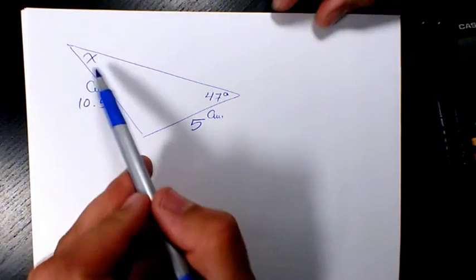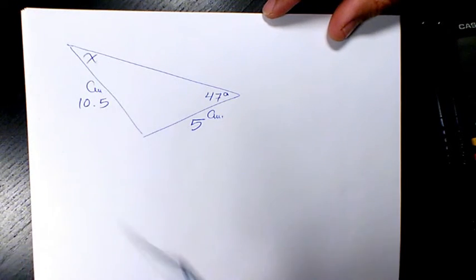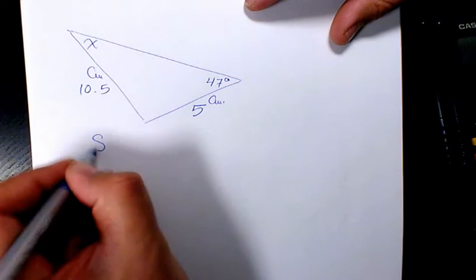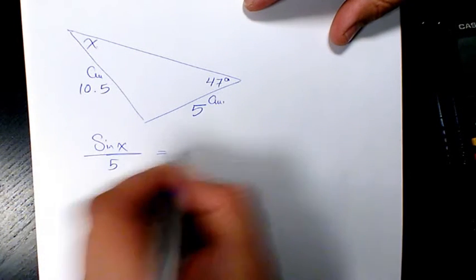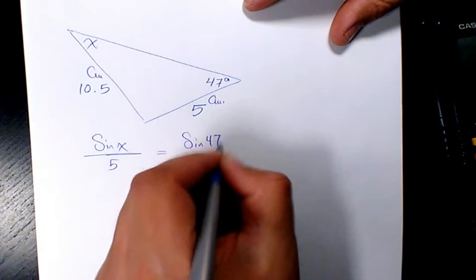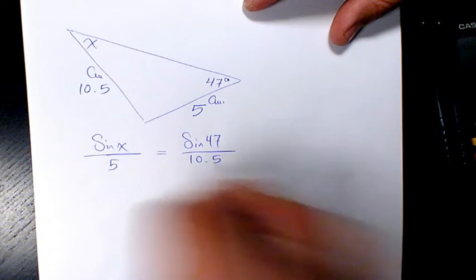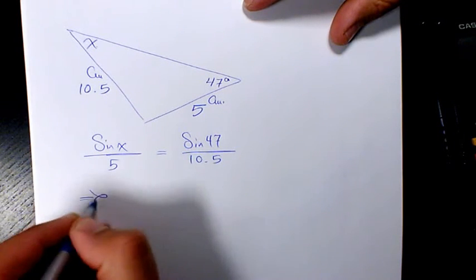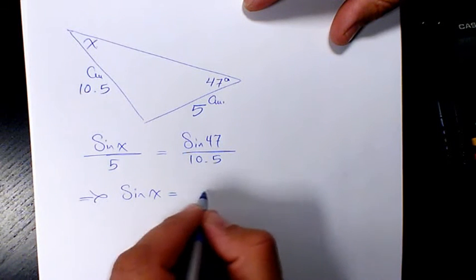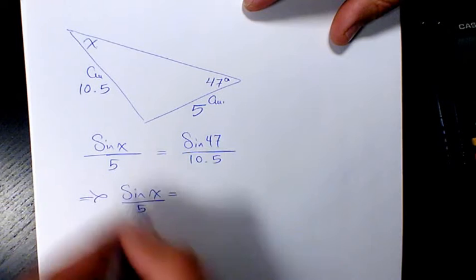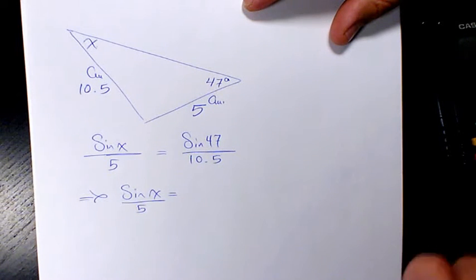We are interested in finding this angle. So using the sine law, sine x over 5 equals sine 47 over 10.5. Sine 47 divided by 10.5 is going to be 0.0696.